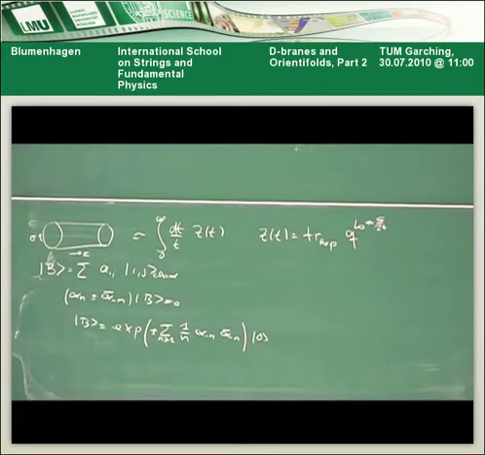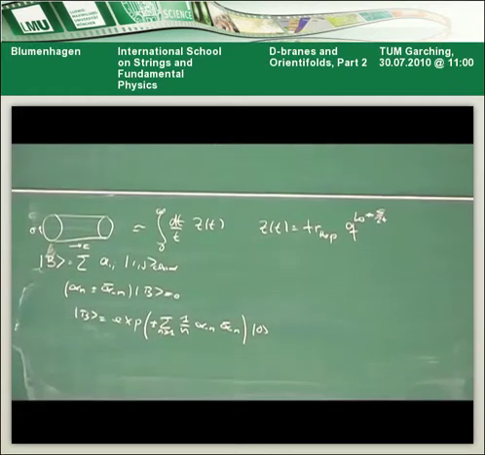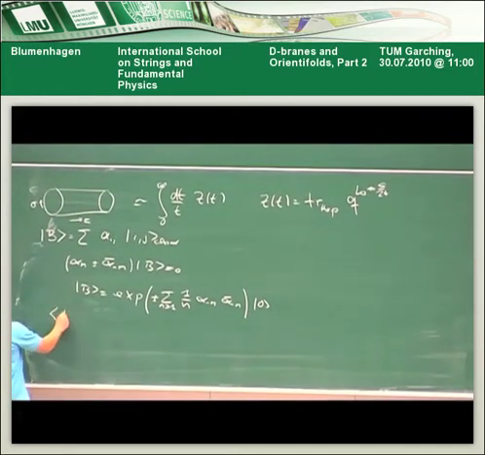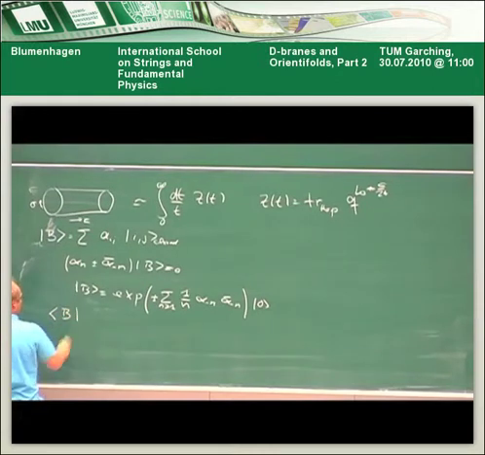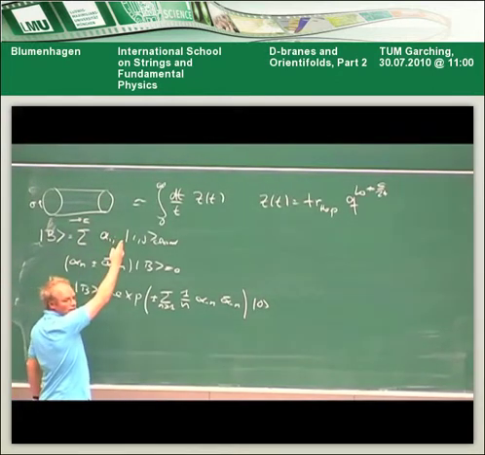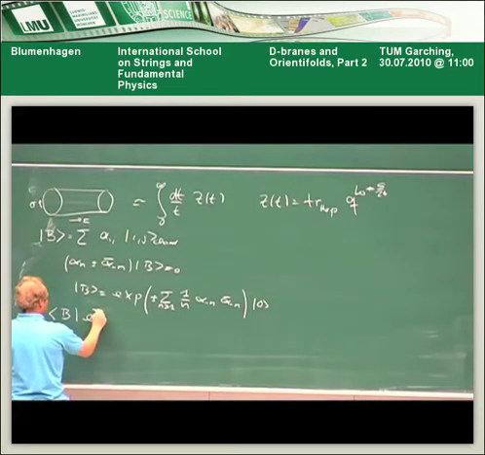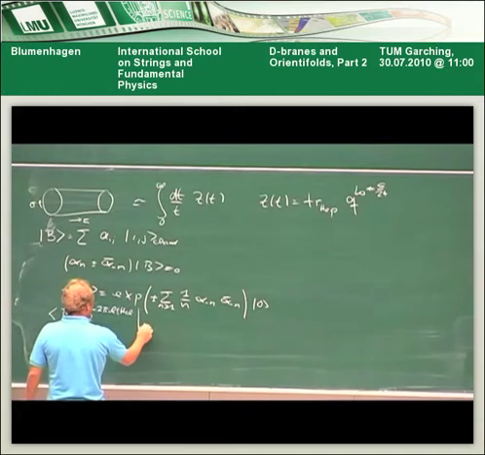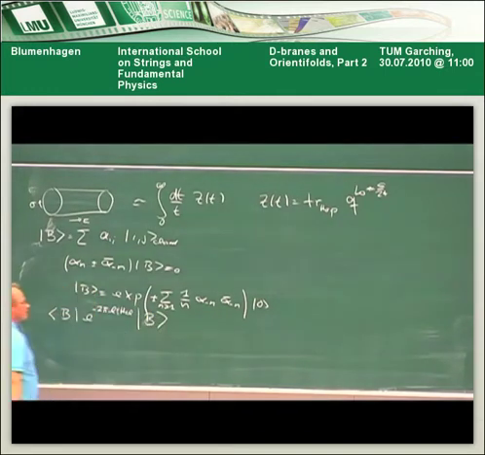And now we can use this, really, to compute this diagram in a different way. So what we do is we have our boundary state on the left. This emits a closed string. We propagate this closed string to the right-hand side. Now we're doing a sort of time translation if you want. And here now is the closed string Hamiltonian. And then we absorb this closed string again, on the right-hand side with the other boundary state.